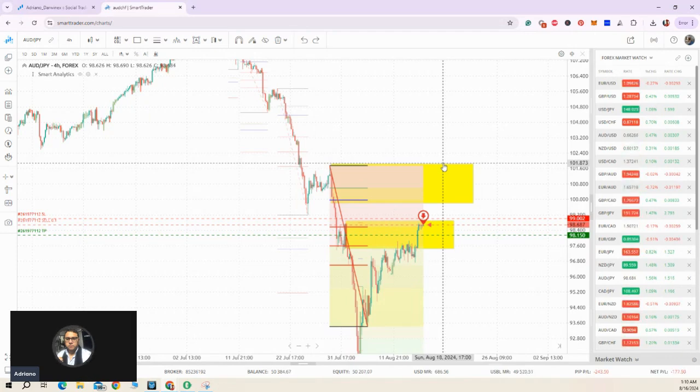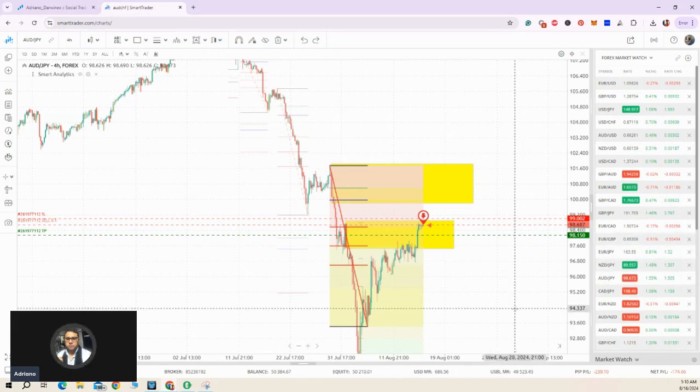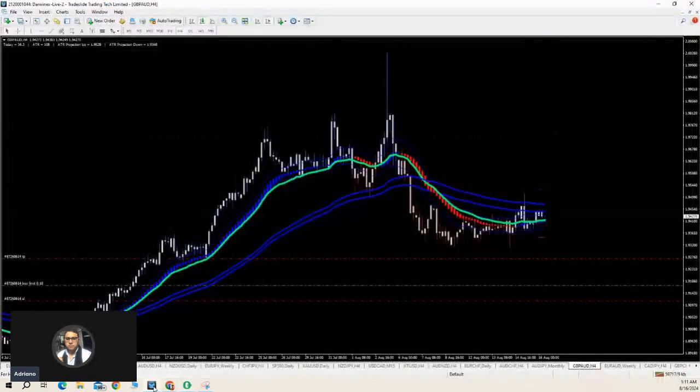So I can put up to 30 trades of small lots, like a mini lot. It's going to be three standard lots. So we still have a lot of work to do, because there's a lot of trades that need to go in.